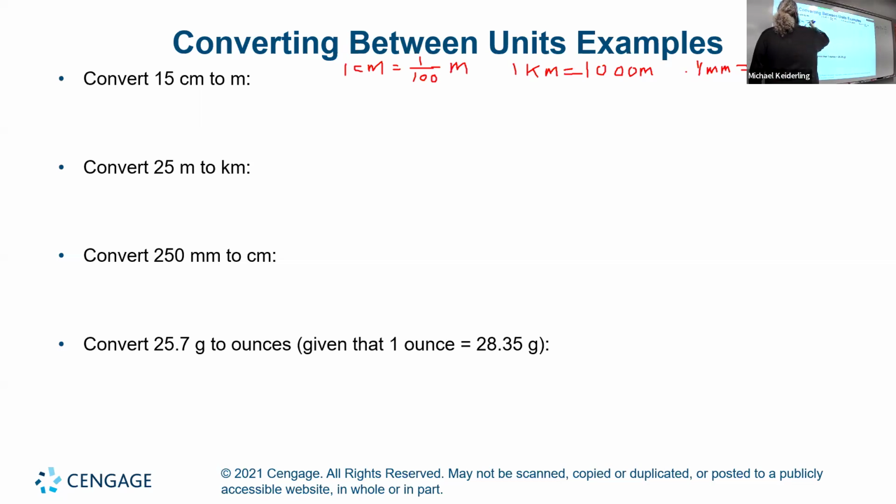So we divide, 100 centimeters to 1 meter. And so 15 divided by 100 is 0.15 meters. You can see, because we're just dividing by a power of 10, we just move the decimal place 2 places.